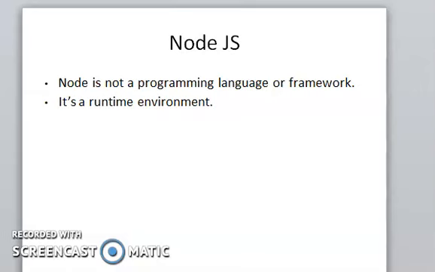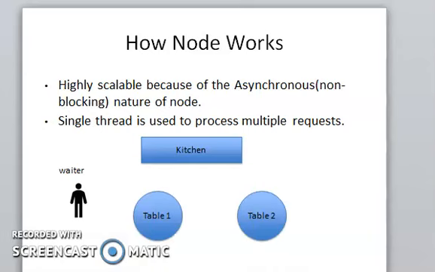Coming to the details, how Node works. The basic nature of Node is asynchronous, that is non-blocking. And normally Node works on a single thread. Actually, a single thread is used to process multiple requests.